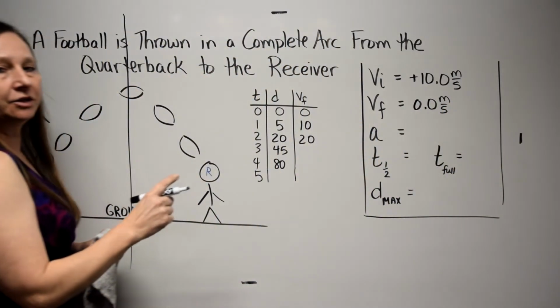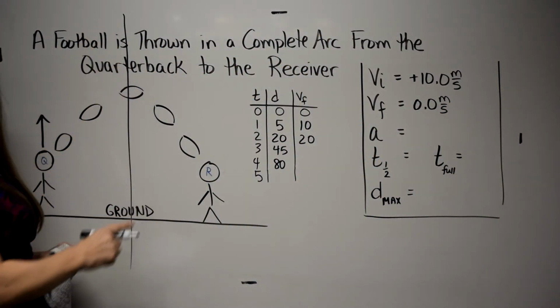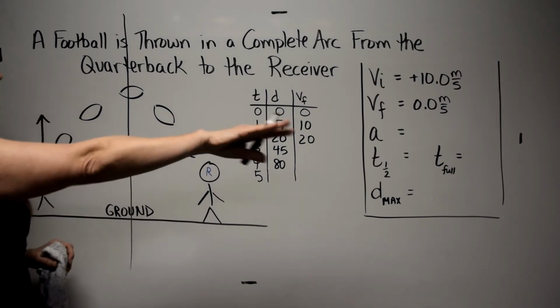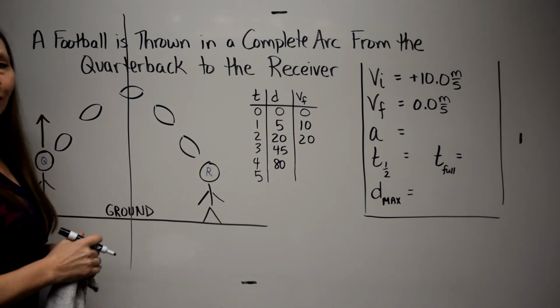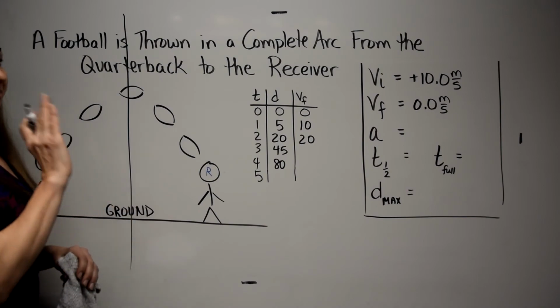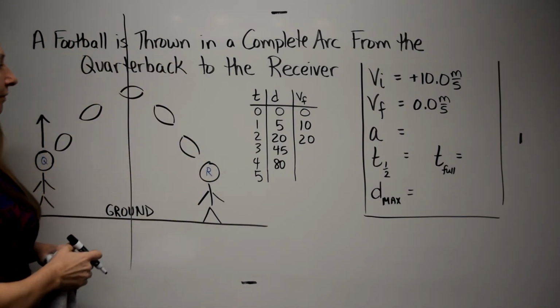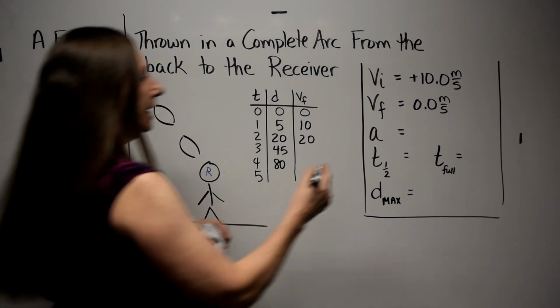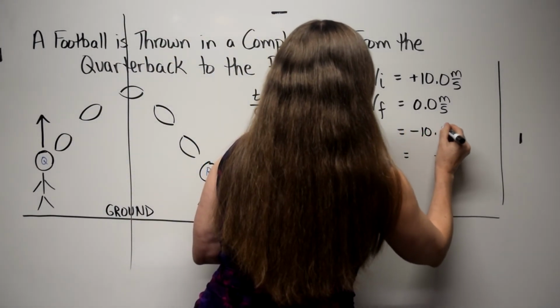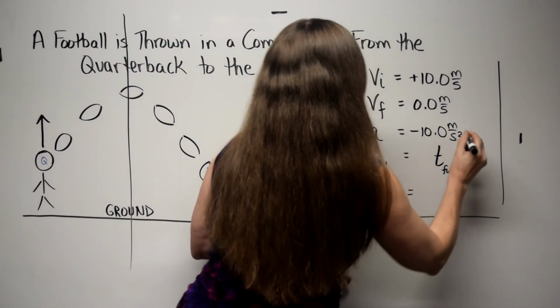This is the final velocity in the up and down direction. I don't care about across. Forget about across; we'll do that in later videos. Now, we know the acceleration up and down is negative 10 meters per second squared.